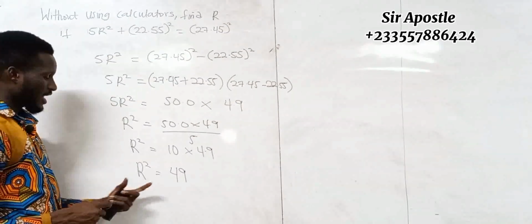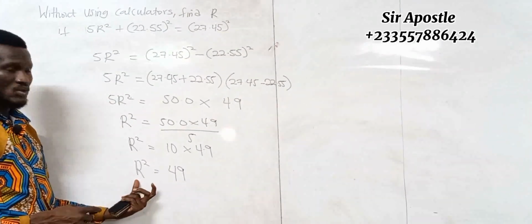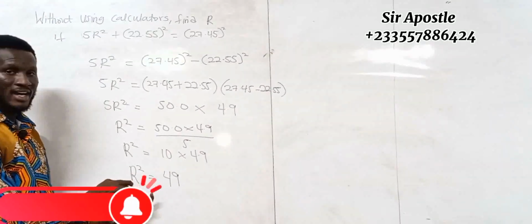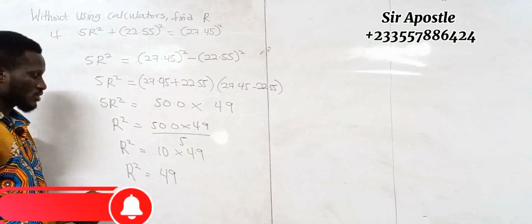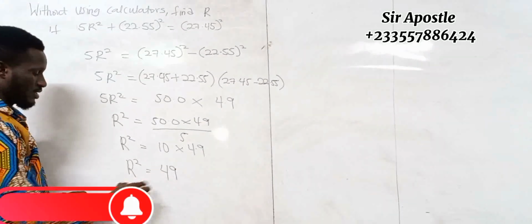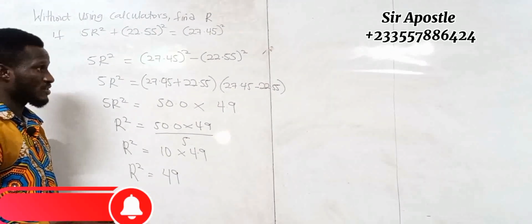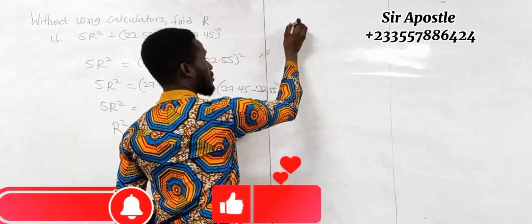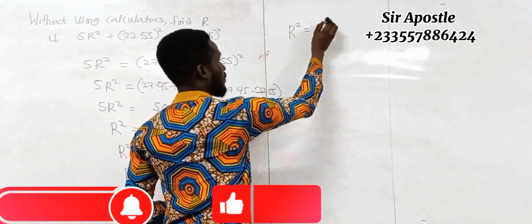Now what we have to do is to find R, and we can find R by finding the square root of these two numbers. So I have to square root both sides. I have R squared equal to 49.